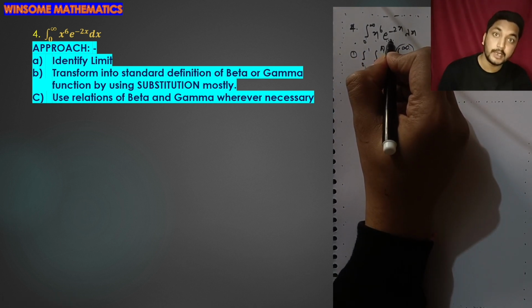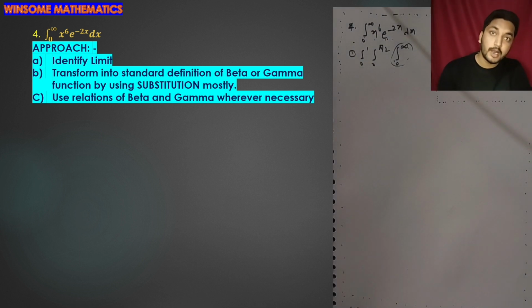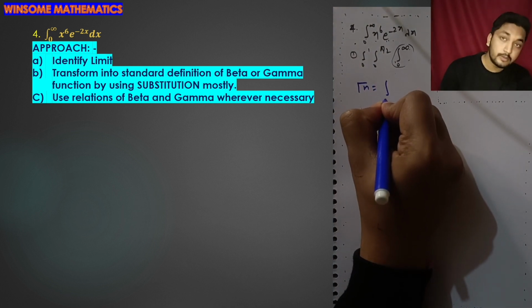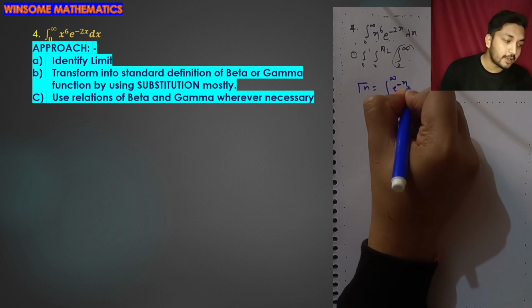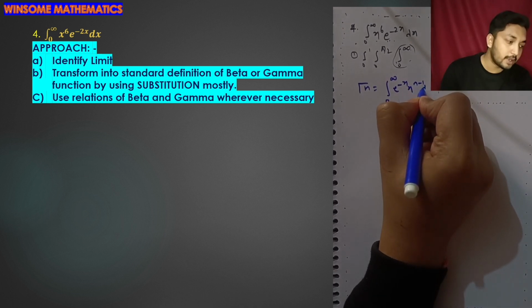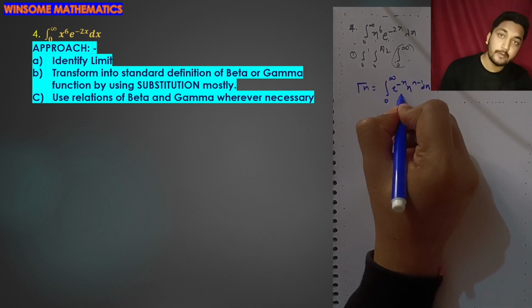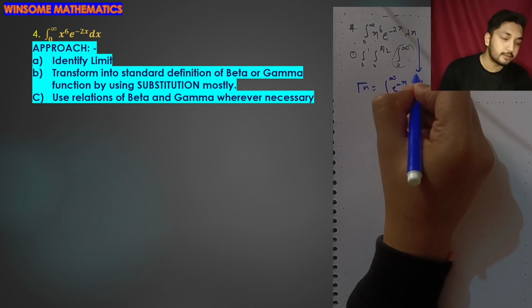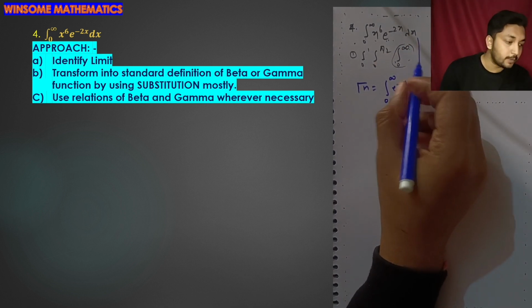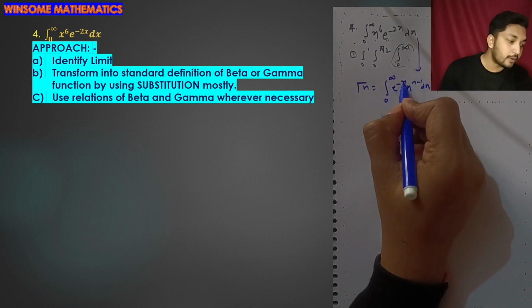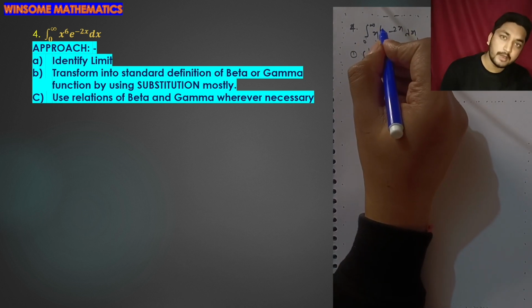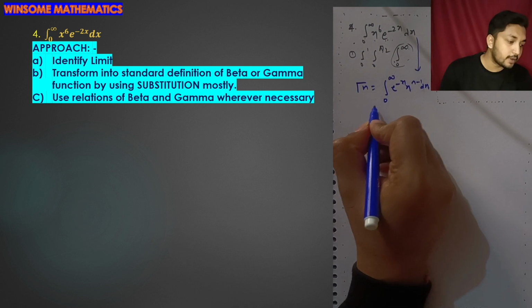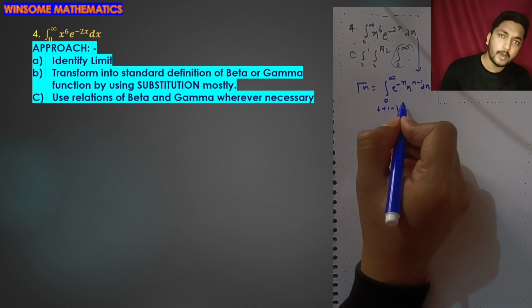We know that gamma n is equal to the integral from 0 to infinity of e to the power minus x times x to the power n minus 1 dx. This is our definition, and everything matches the definition of gamma n, because we have e to the power minus something, and x to the power something, which we can transform into n minus 1: 6 plus 1 minus 1. So 7 minus 1, clear.